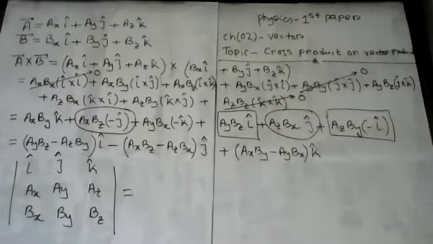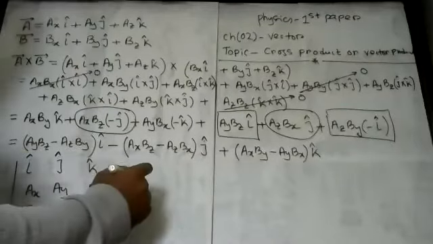I'm going to solve this determinant, and let's see after solving what would be the value of the output. You see that a x, if I consider here i hat, now let's consider here i hat.